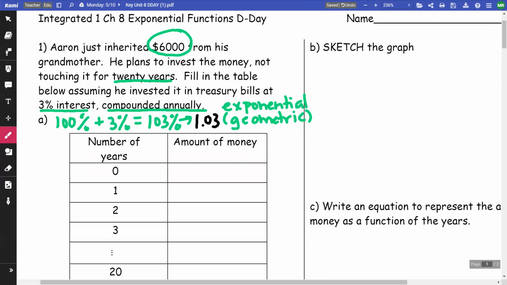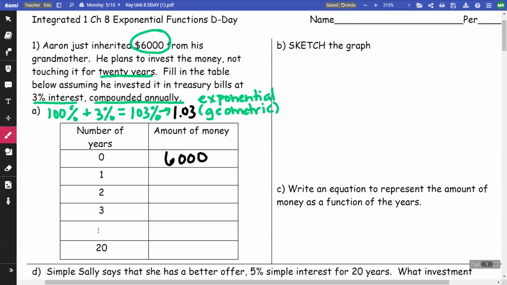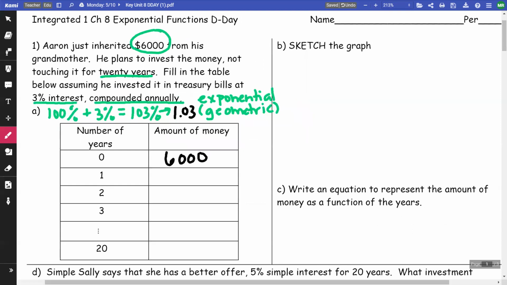So in this situation, we're going to be starting with 6,000. I am going to write an equation. I'm going to jump down to letter C, which says write an equation to represent the amount of money as a function of the years. So I'm going to do y equals 6,000 times 1.03 to the power x.